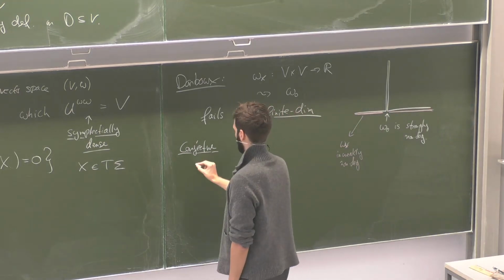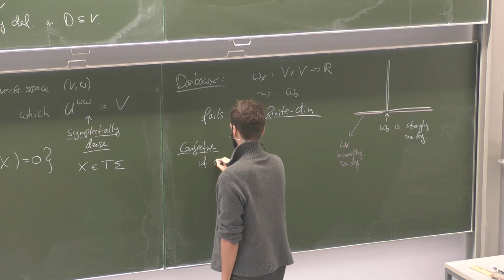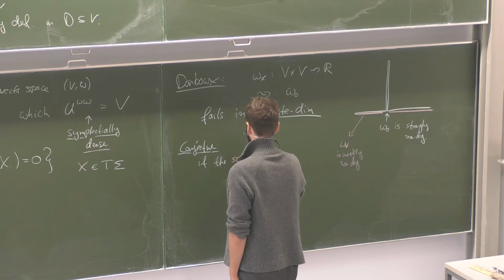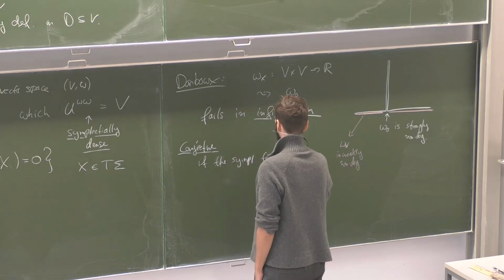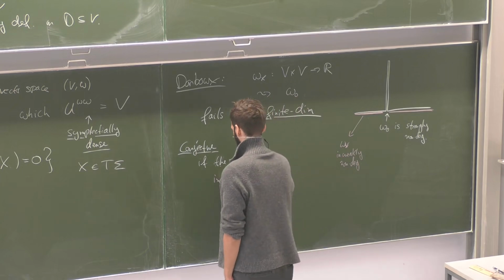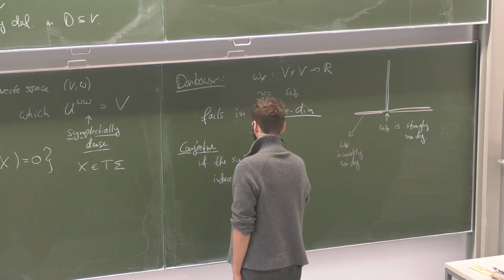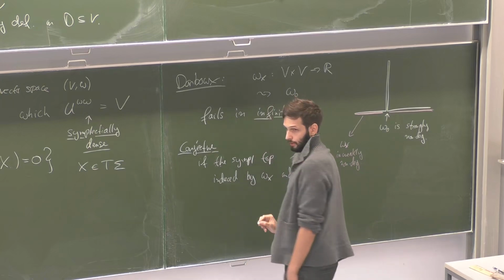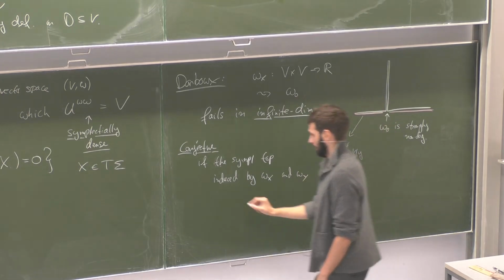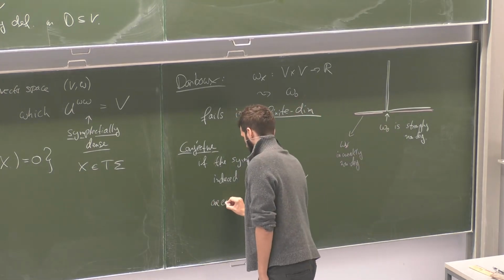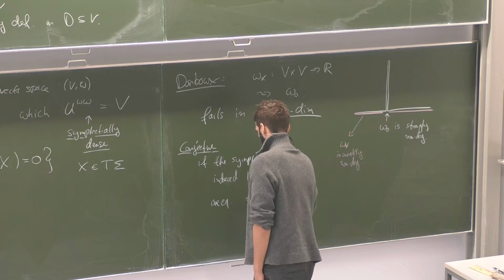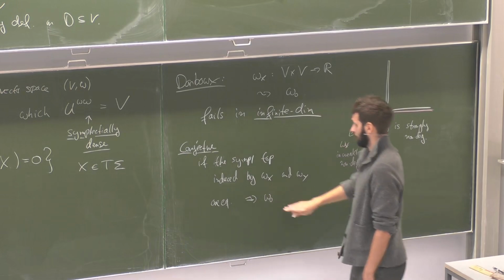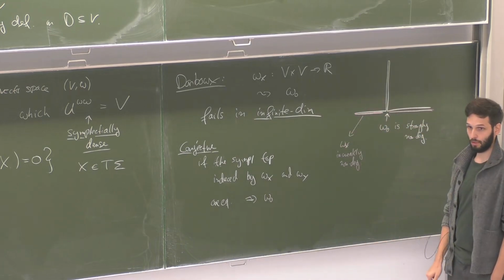The conjecture says that if the symplectic topologies induced by omega x and omega y at different points are equivalent, then we can apply the Darboux theorem, or construct Darboux, and say that we can make it constant.